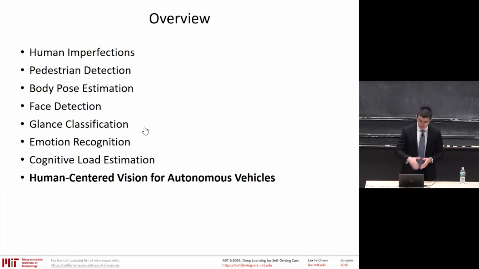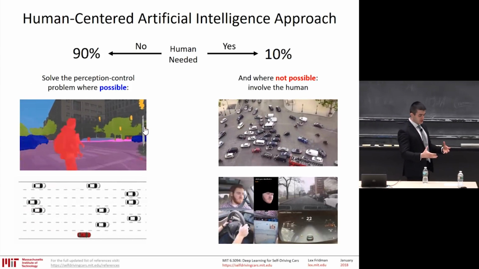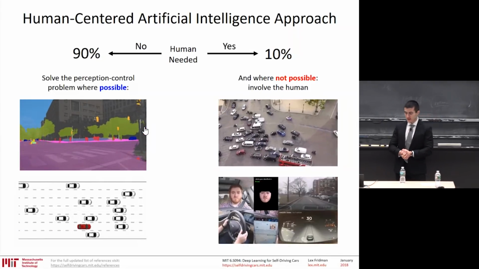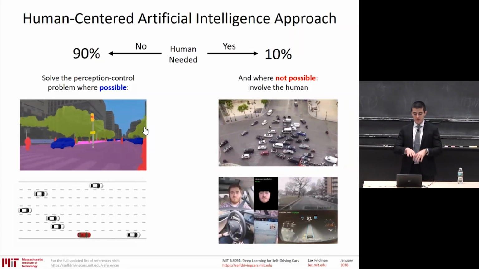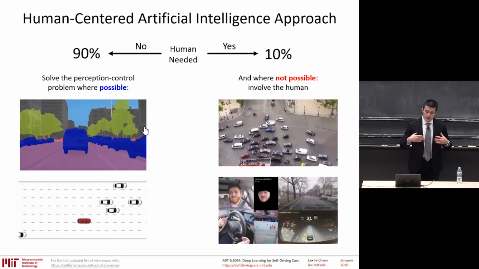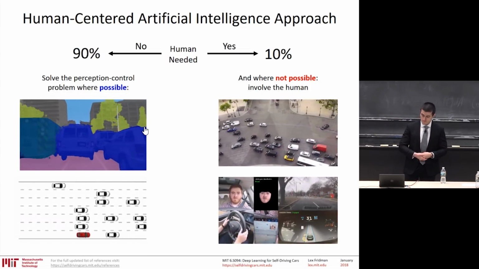And why is this important? While we focus on the perception task of using neural networks, sensors, and signal processing to determine where we are in the world, where the different obstacles are, and form trajectories around those obstacles, we are still far away from completely solving that problem.